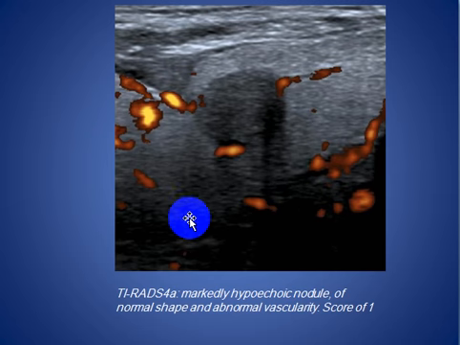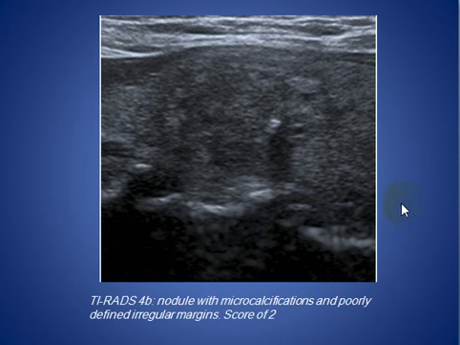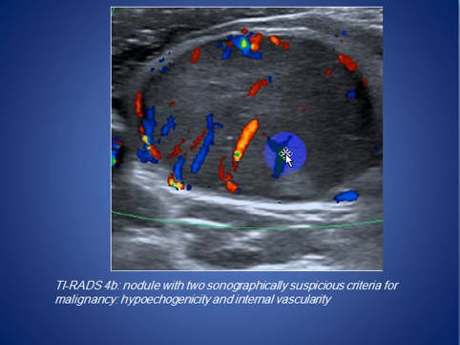Here you see it. This is thyroid RADS 4A, a hypoechoic nodule with abnormal vascularity, and it is score 1. And here this is another hypoechoic nodule with microcalcification and well defined, and this is score type 2 of TIRADS 4B.